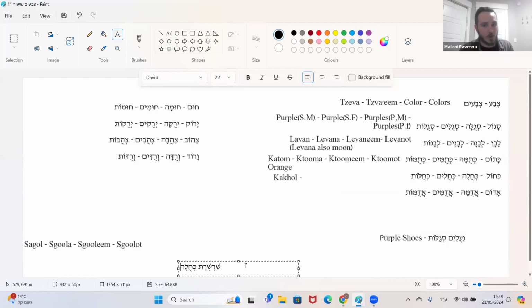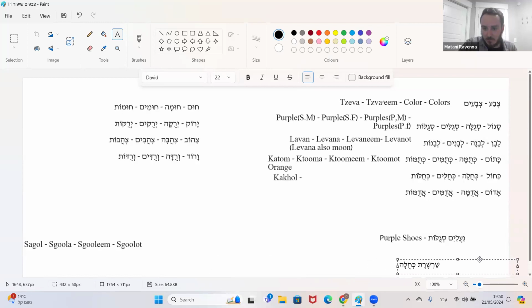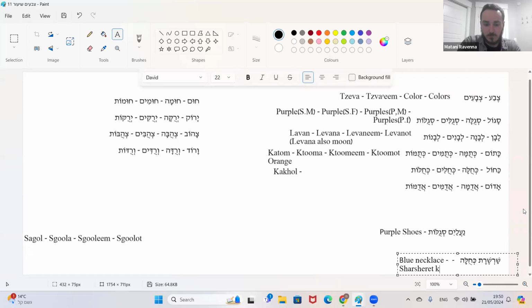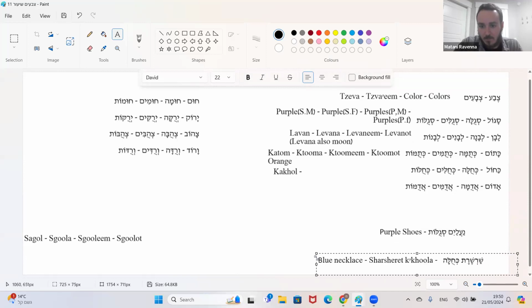So that's another form of femalization. Sharsheret kchula, a blue necklace. Okay, a blue necklace. Sharsheret kchula. And I'm going to put this example here.